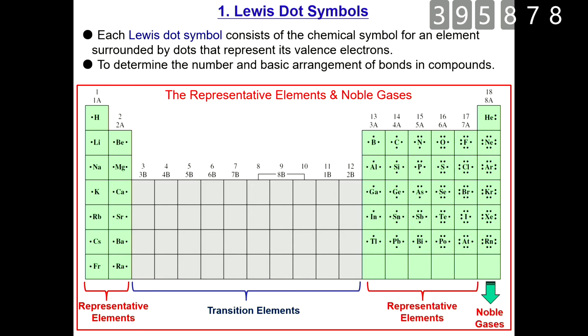What this means is that between 2 atoms in a compound, it may form 1 bond, it may also form 2 bonds, and it can also have 3 bonds. So using this way, we can determine the number of bonds in compounds.